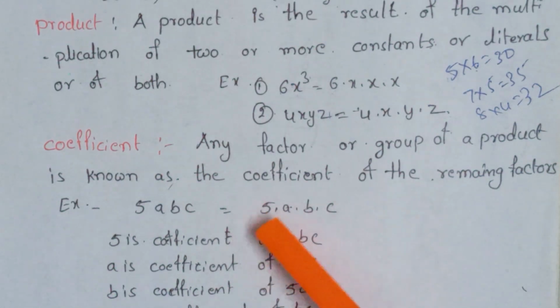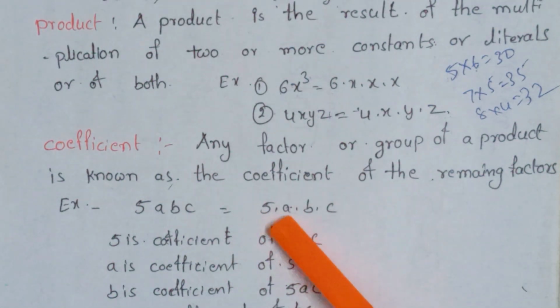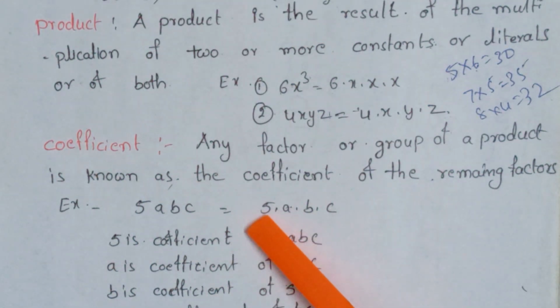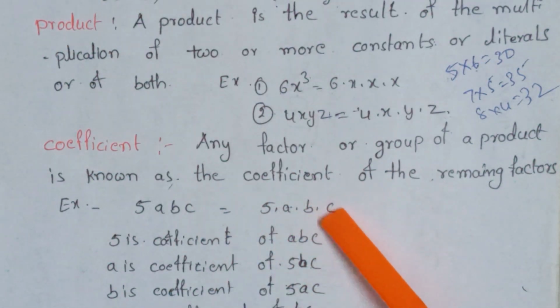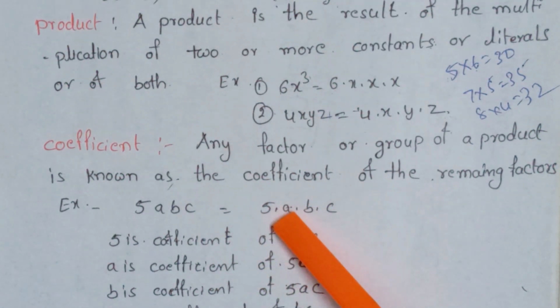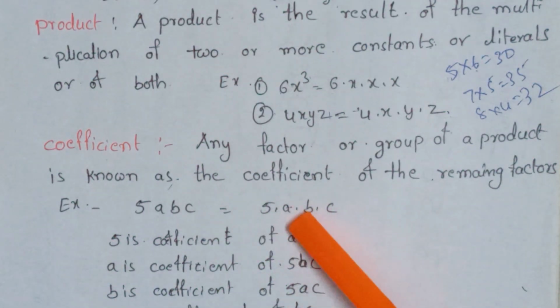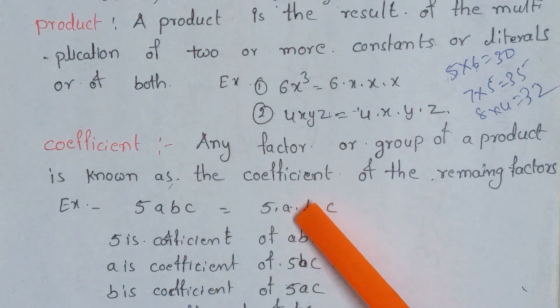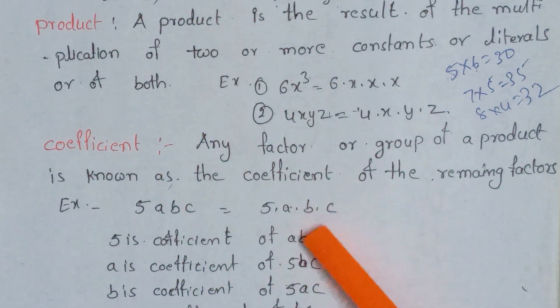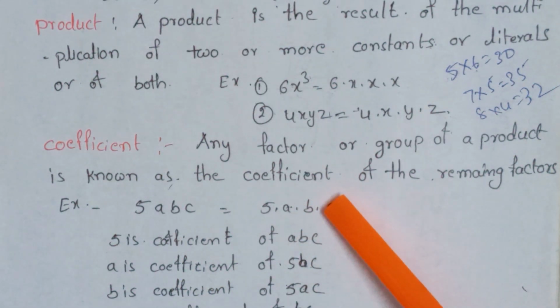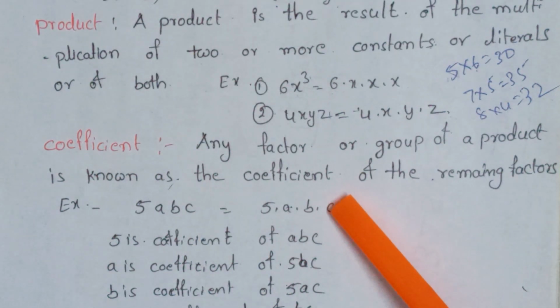A is the coefficient of the remaining 5BC. B is the coefficient of the remaining 5AC. C is the coefficient of the remaining 5AB.